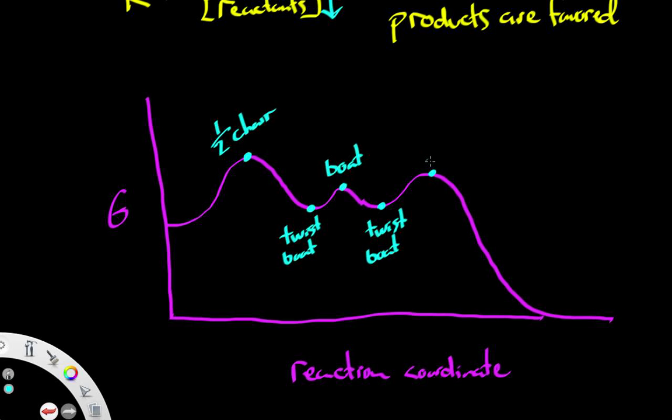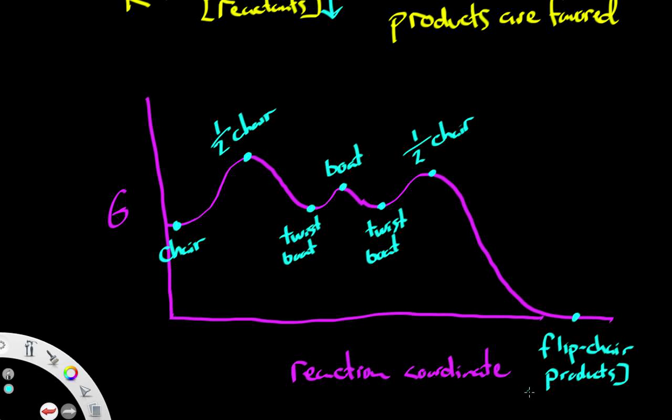And up here we have another transition state of a half chair. And over here is going to be our flip chair. And on this side, remember, we just simply had our chair conformation. And by the way, these are our products. And over here are our reactants.